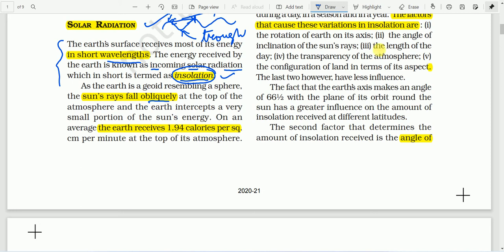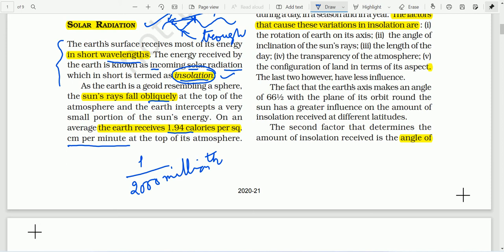It is said that the earth receives only 1 by 2000 million of the sun's energy. On average, the earth receives 1.94 calories per square centimeter per minute at the top of its atmosphere.